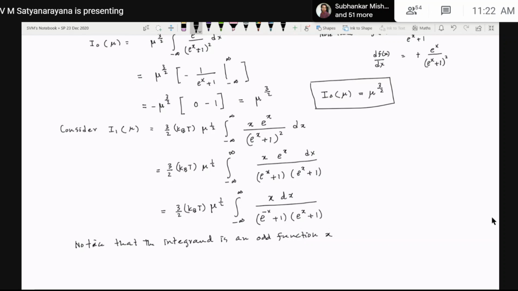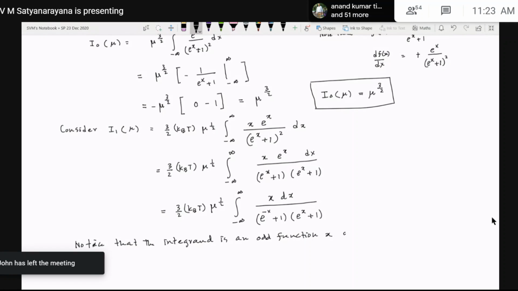Because if you take x going to minus x, this term will become this term and this term will become this term. So the denominator will not change, but because x goes to minus x, this will change sign. So this is an odd function. Now, the integral from minus infinity to infinity of an odd function is 0.